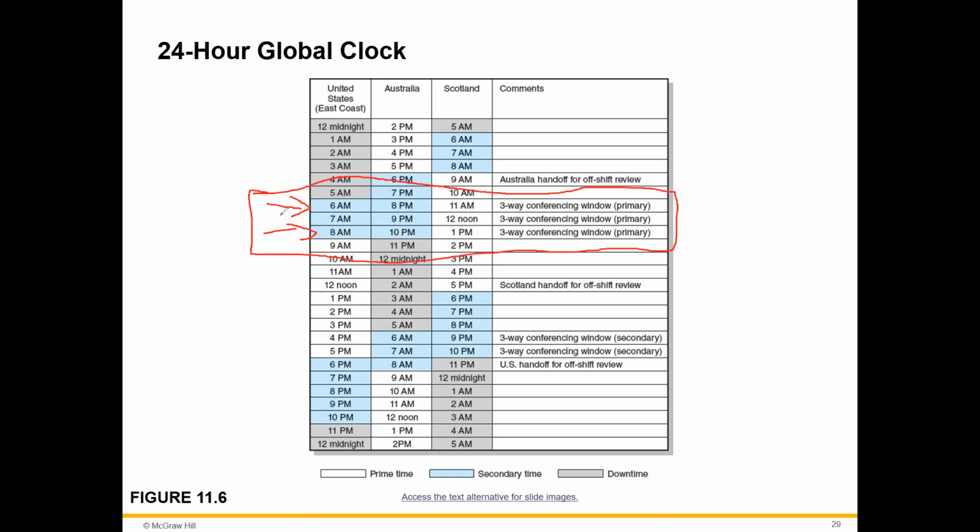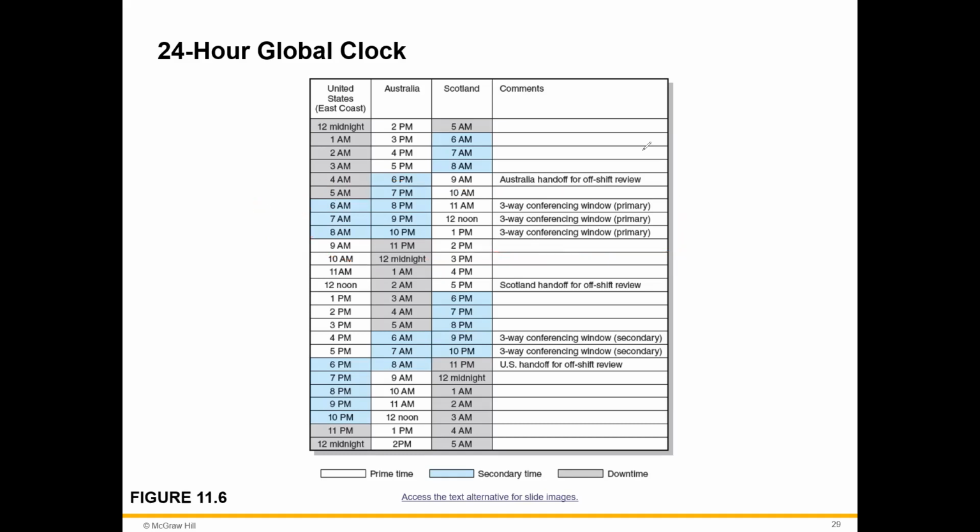Who benefits here? In this case, Scotland gets the best of it because it's only 11 o'clock, prime time for them, and in Australia they have to stay late at work to make the project happen. In the United States or Canada, it's 6 in the morning, so we have to wake up a little early to do the task.